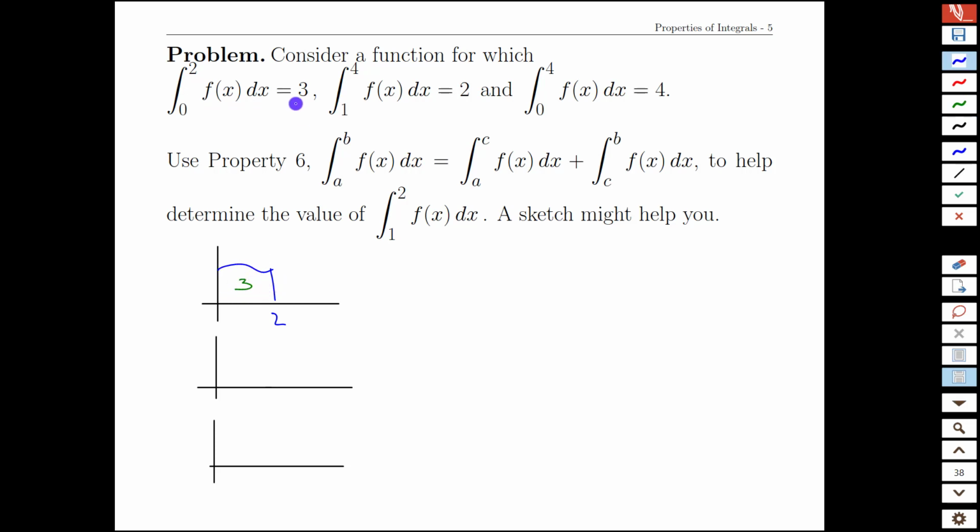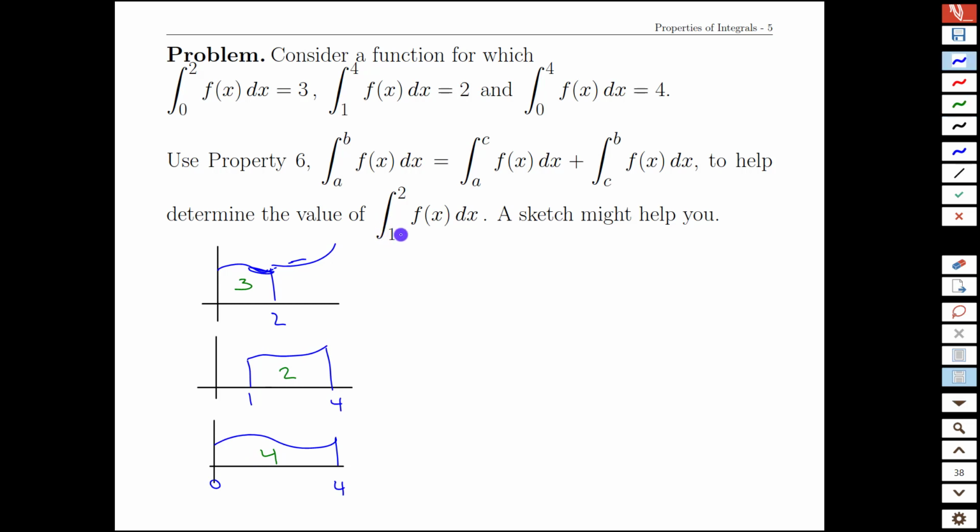It's simply enough to know that the area underneath it would have a value of 3. Meanwhile, the integral of the same function from 1 to 4, we get an area of 2. So this isn't to scale, but that'll be okay. And then we put them all together from 0 to 4, we get an area of 4.